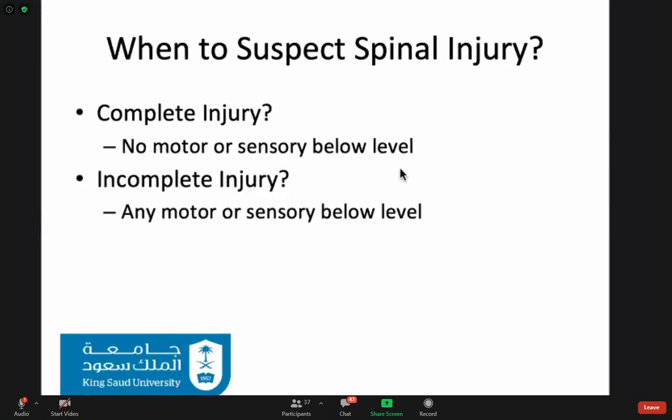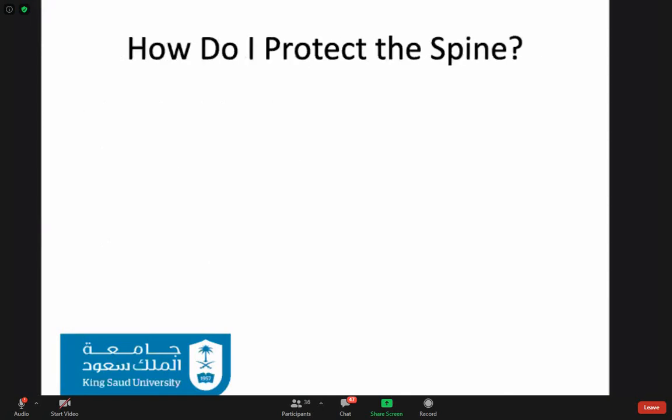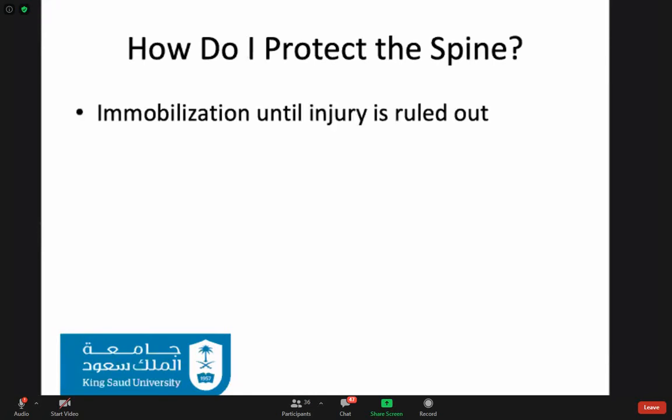If there's no motor or sensory function below the level of the injury site, then that's a complete injury. If there's any motor or sensory function below the level, this tells you it's an incomplete injury, knowing that sacral sparing may be the only residual function, meaning that the patient only has sensation around the sacrum itself. That's it.